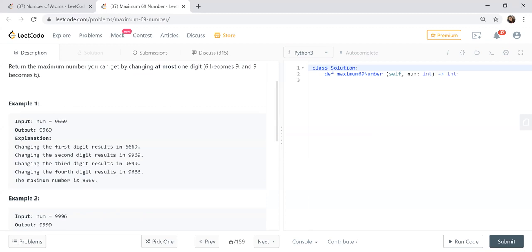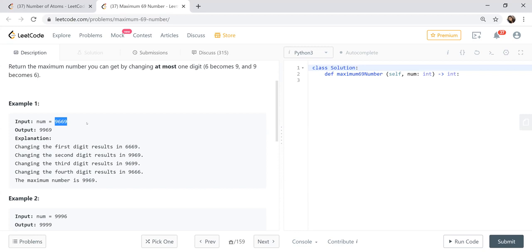Anyone? So I believe the goal here is to find the leftmost 6 and then change it to 9. So the goal is to give the maximum number. And to get the maximum number, we should check, because 9 is bigger than 6, so we need to convert the 6 which comes first from the leftmost.